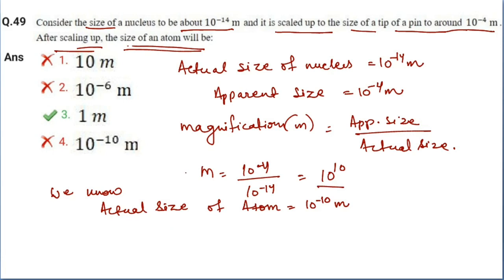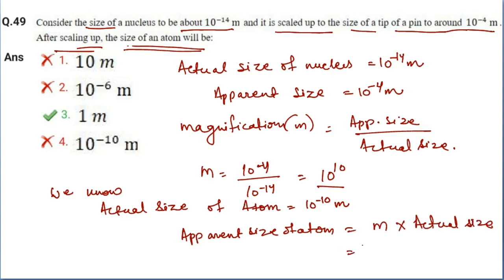So putting in the above formula, the apparent size of the atom is equal to magnification into actual size.